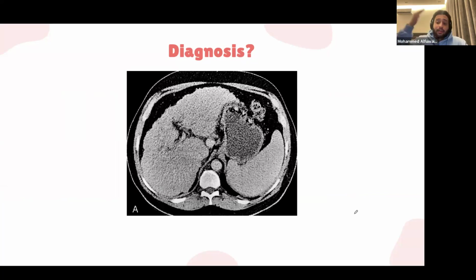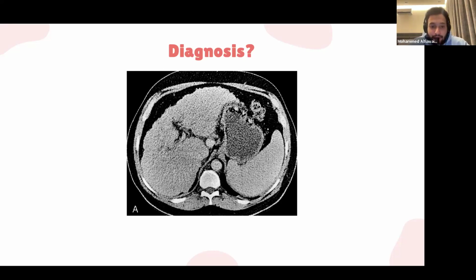Now, all of these diseases that we talked about can lead to this. Okay, obviously hepatitis B, more importantly C, more commonly C, hemochromatosis, Wilson's, alcoholic steatohepatitis, non-alcoholic steatohepatitis can lead to this disease.